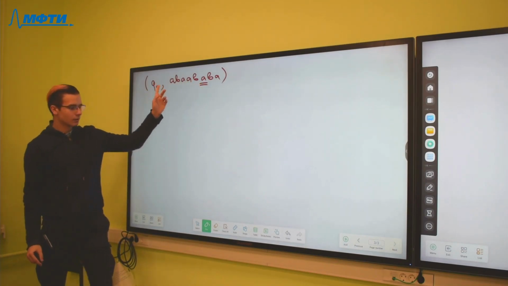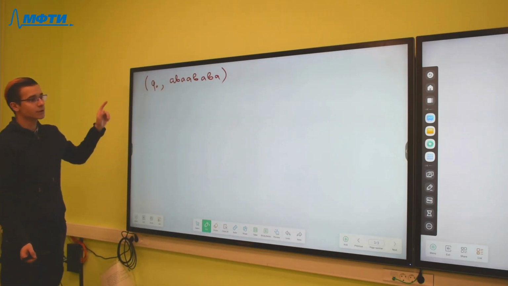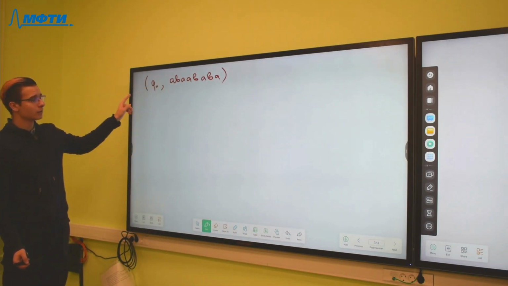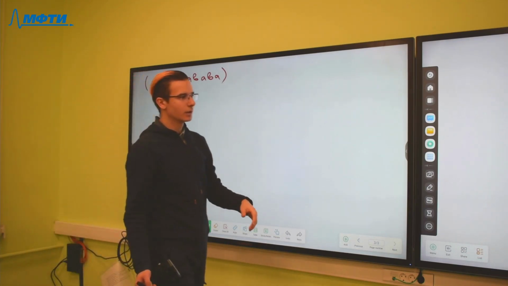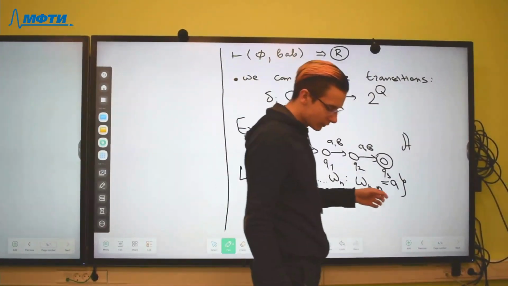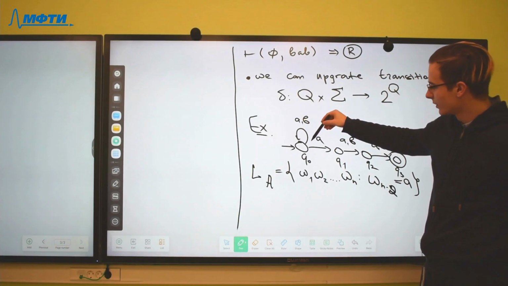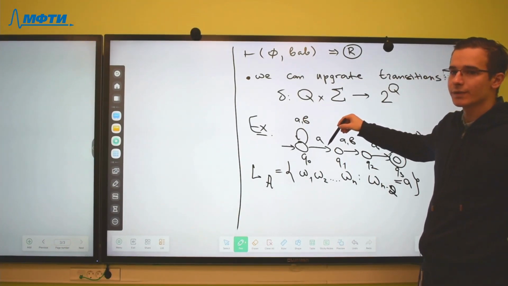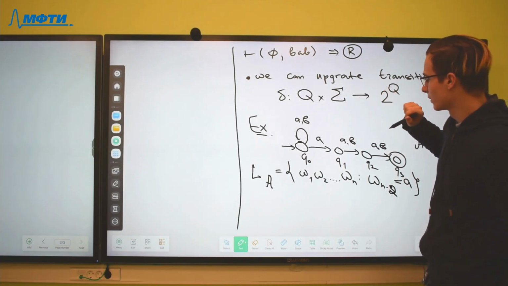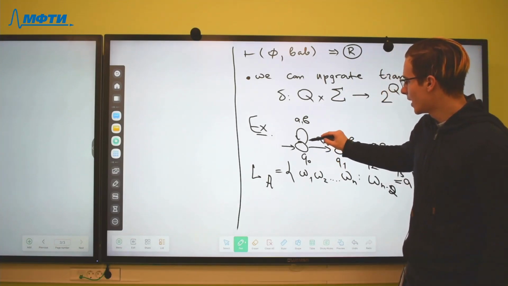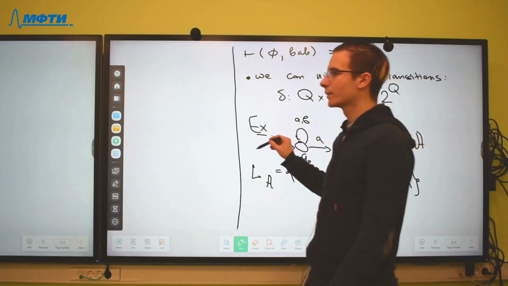So we change the state, for example, with A, and we see that there are two edges that start in Q0 with character A. So I change Q0 with these two states, Q0 and Q1.